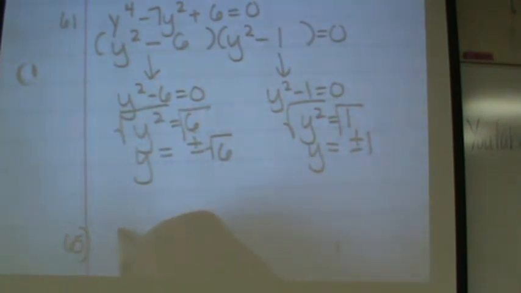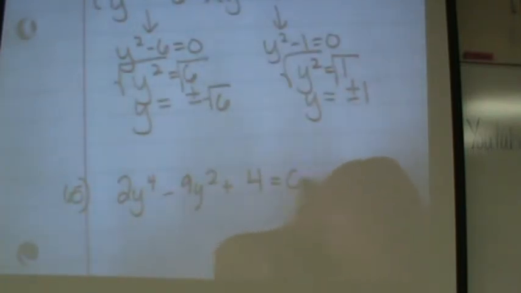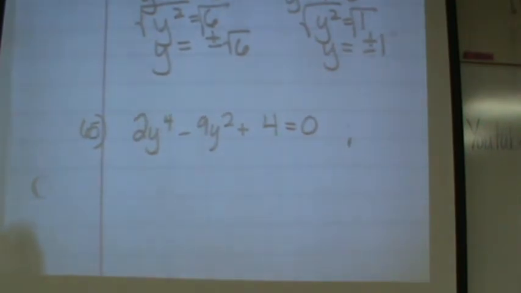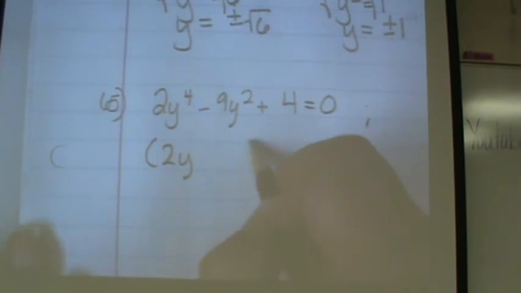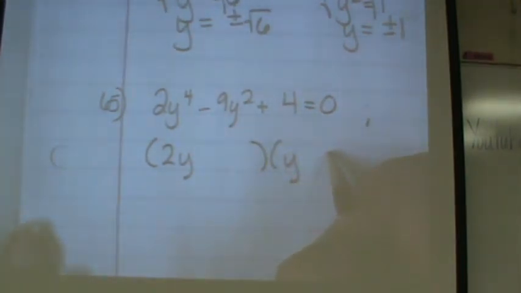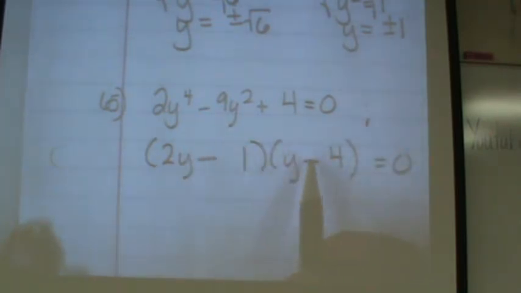65 says 2y to the 4th minus 9y squared plus 4 equals 0. So let's see if we can factor this one. We're going to have a 4 here and a 1 here, and we're going to make them both negative, because 2y times 4 is negative 8, and then negative 1 is your negative 9.